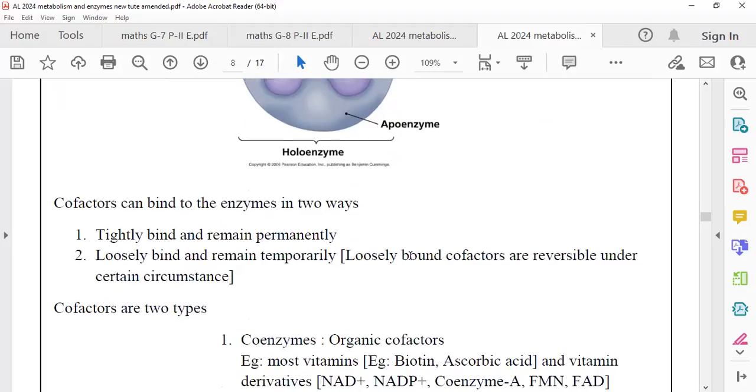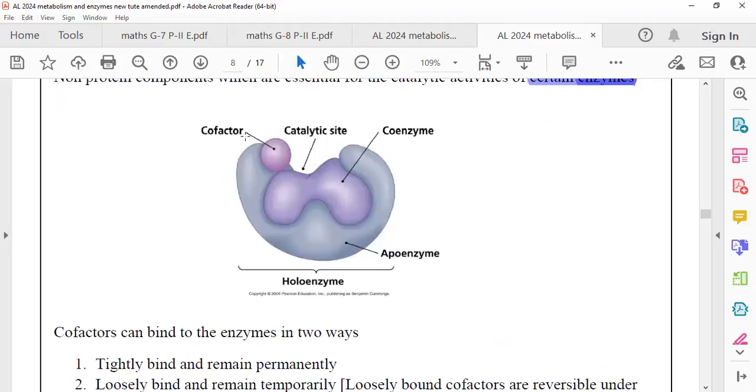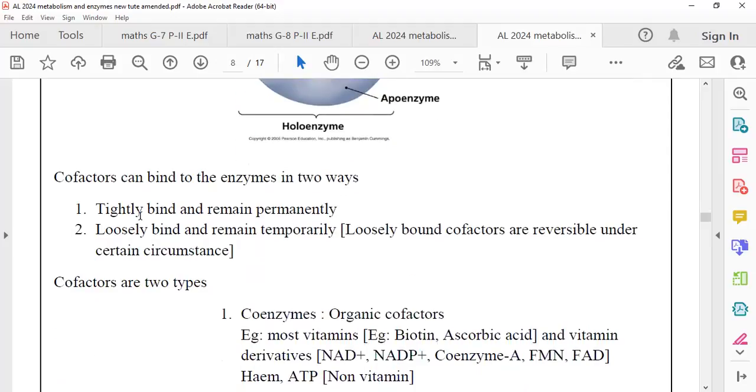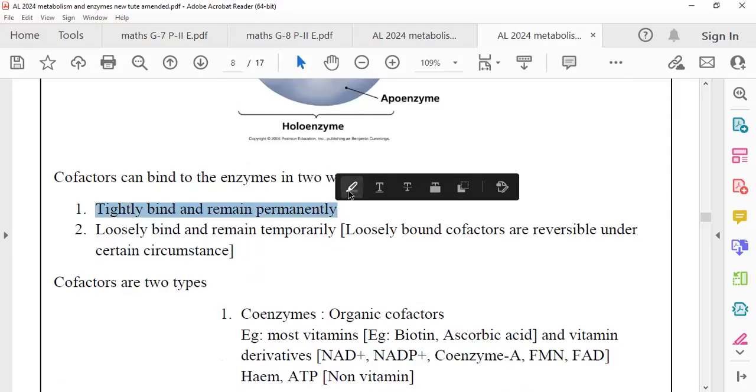In the enzyme, this is the proteinous part of the enzyme, the apoenzyme. Those words are not in syllabus. No need to go into detail there. So cofactors, coenzymes, all of them are cofactors. Some cofactors bind to the enzyme tightly and remain permanently.